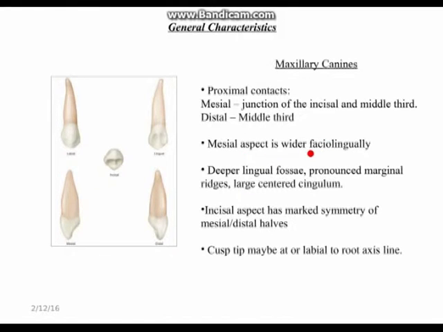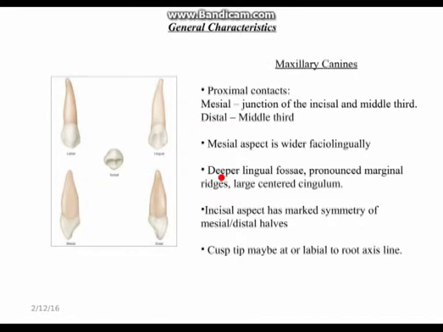The mesial aspect is wider faciolingually. Okay, so in general, we said canines are wider faciolingually. That's why we can't see the cervical line when we look at it occlusally, right? Now, for the maxillary canines specifically, the mesial aspect is going to be wider faciolingually.